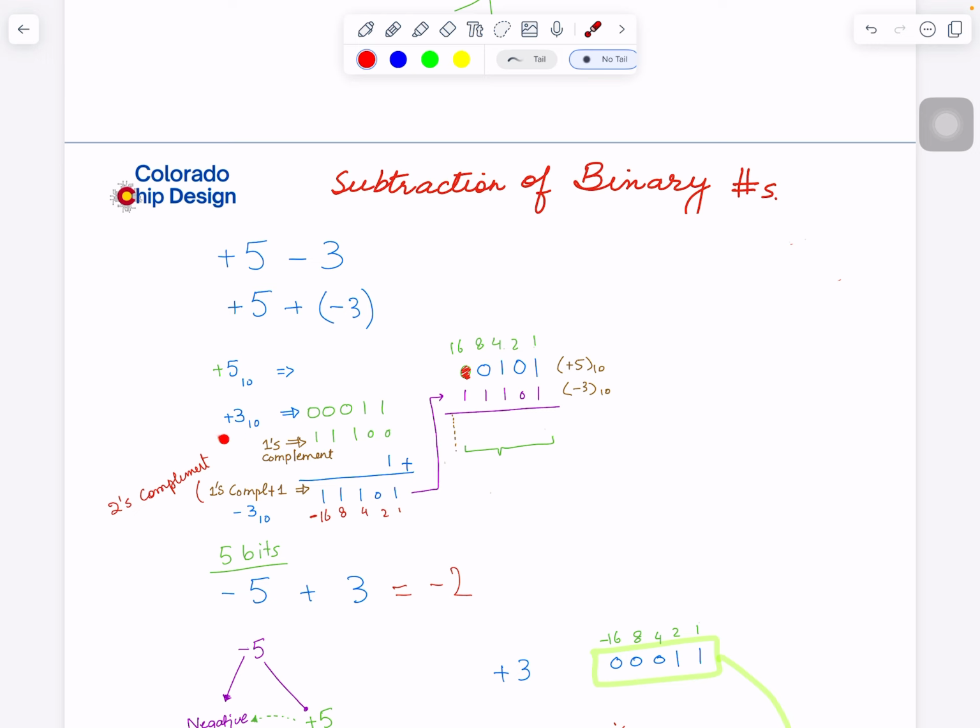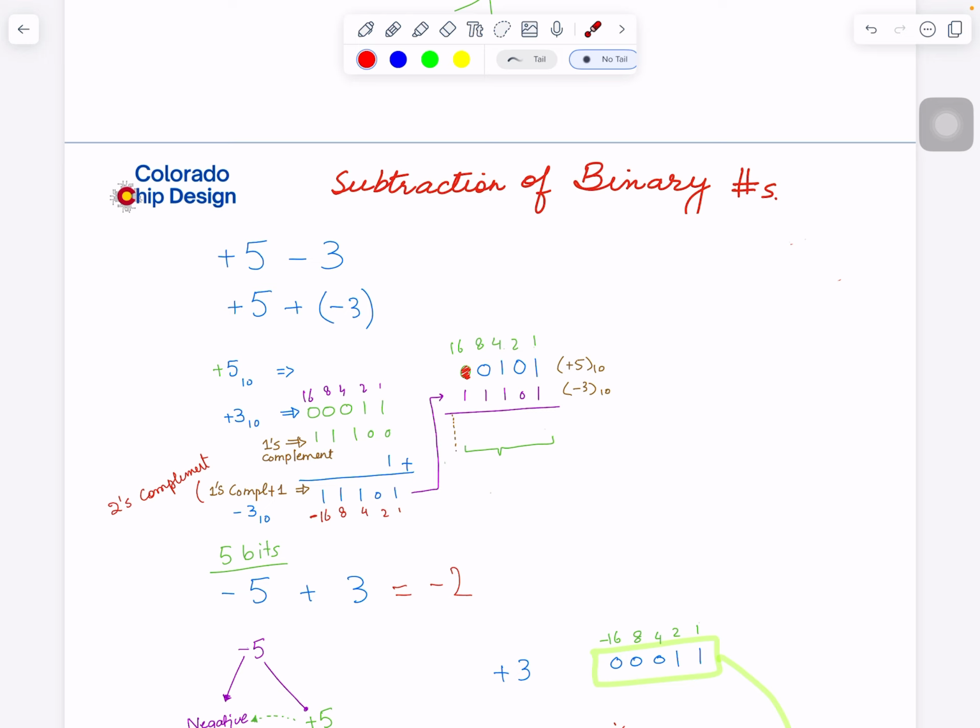Now let's look at minus 3, but before we create an equivalent for minus 3, look at plus 3. So plus 3 is again, weights are 1, 2, 4, 8 and 16, right? So 3 is just 2 here and 1 here, everything else is 0.